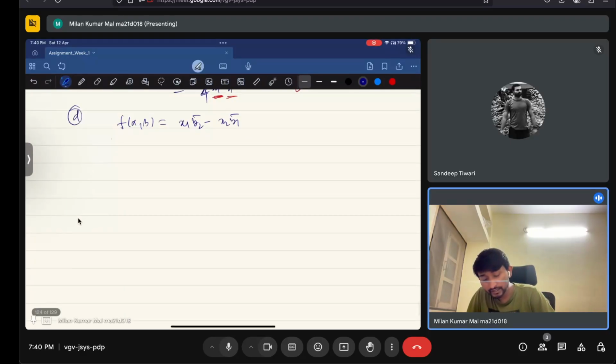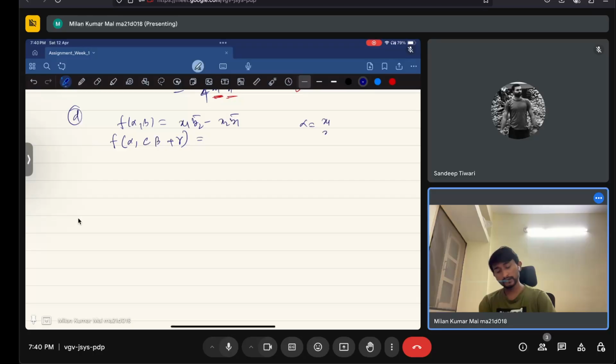So here, even if you write f of alpha comma c beta plus gamma, write it this way, where alpha is equal to x1, x2, beta is equal to y1, y2. Let's write gamma is equal to z1, z2. In general z is written as a complex number, but here I am writing it this way. There is no problem, right?